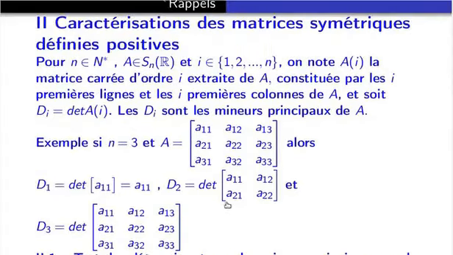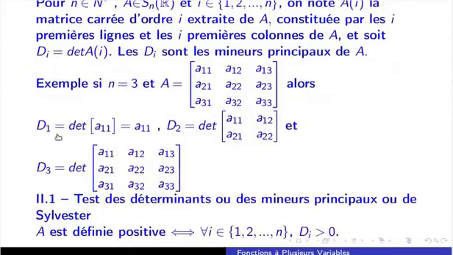So the principal minors are the Di defined by Di equal to the determinant of Ai. In this case, D1 is the determinant of the first matrix formed by the first row and the first column, which is a11. D2 is the determinant of the matrix formed by the first two rows and the first two columns. And D3 is the determinant of the entire 3x3 matrix.